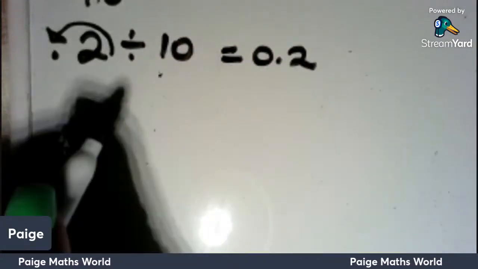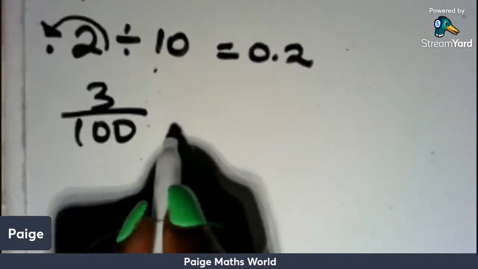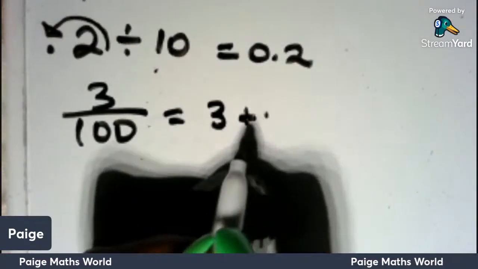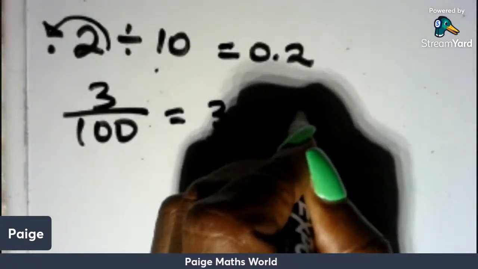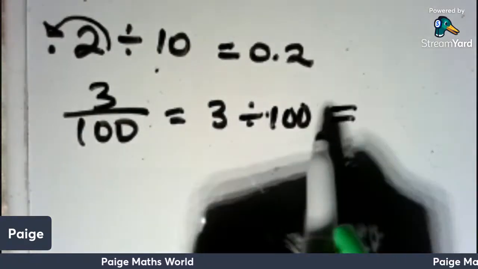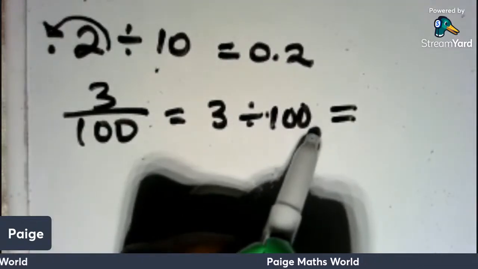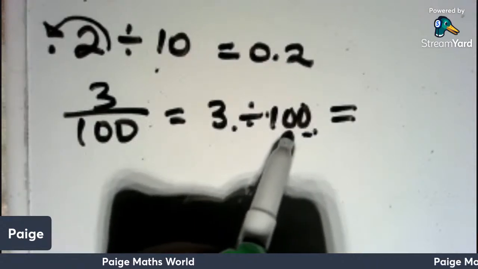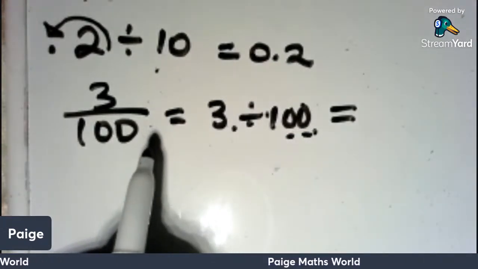Supposing we had 3 upon 100. It's the same thing as 3 divided by 100. And it simply means you're going to move your decimal point from the right two places. The amount of zeros that is there, that's the amount of places that you're going to move your decimal point.